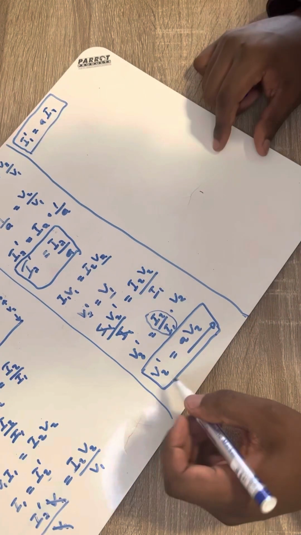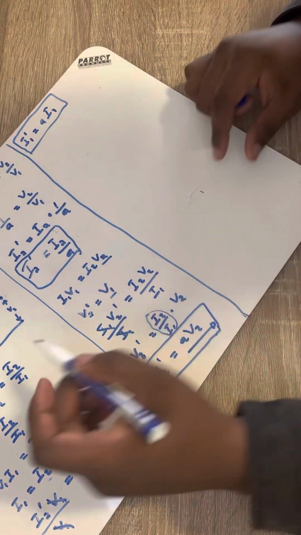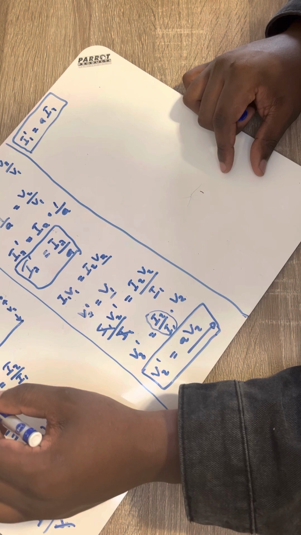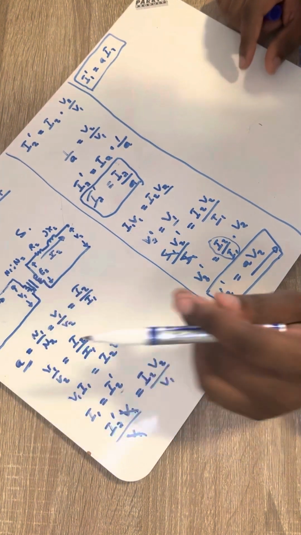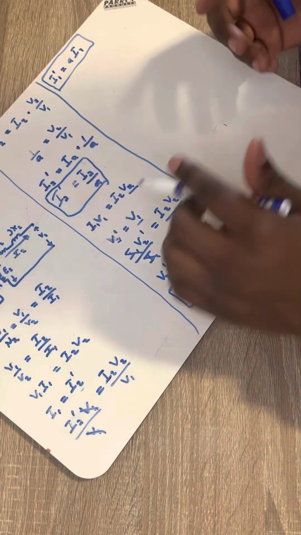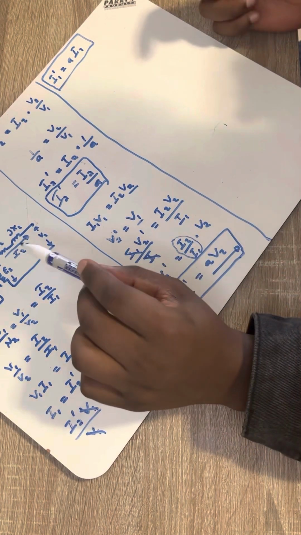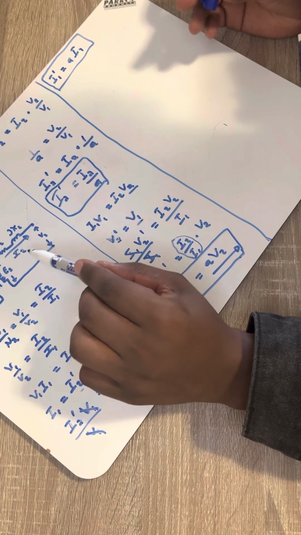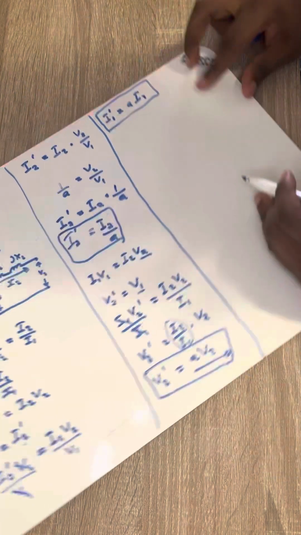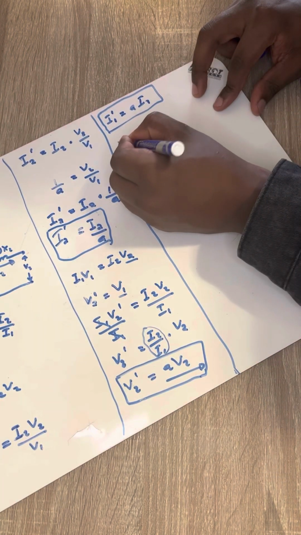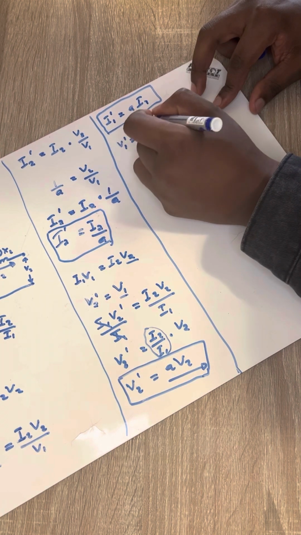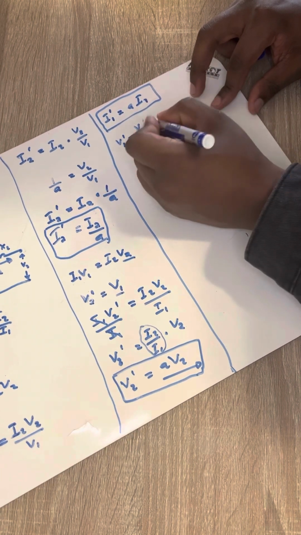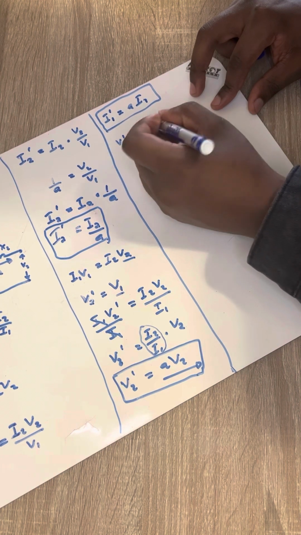So voltage as well, if you're referring this voltage from primary to the secondary, it will be the opposite of when you were referring from the secondary to the primary. So the formula will be V1 prime equals V1 divided by A. Okay?